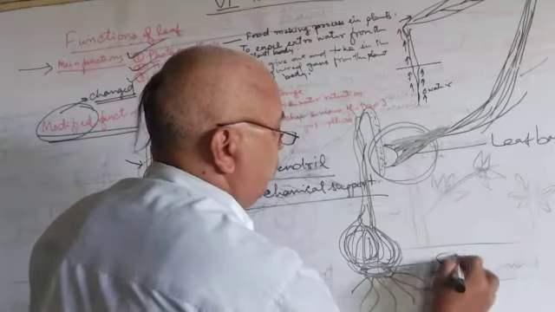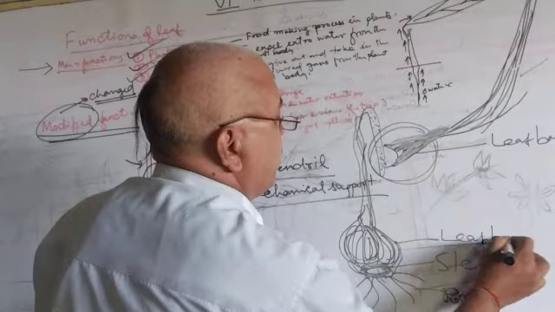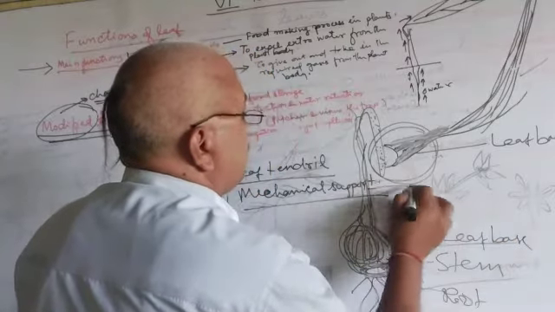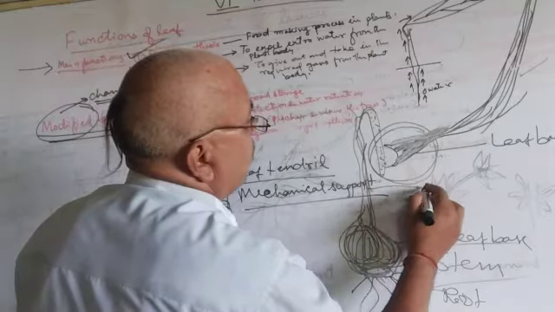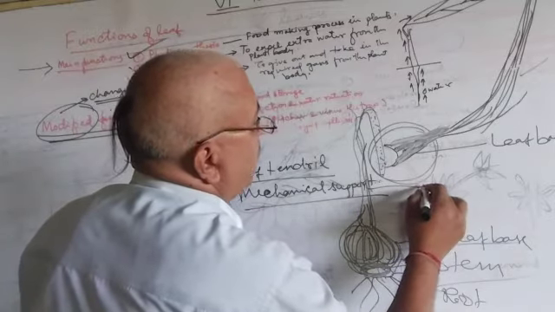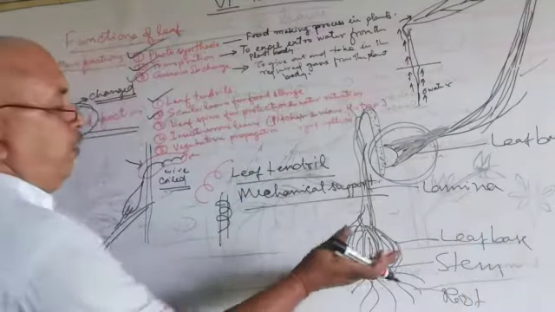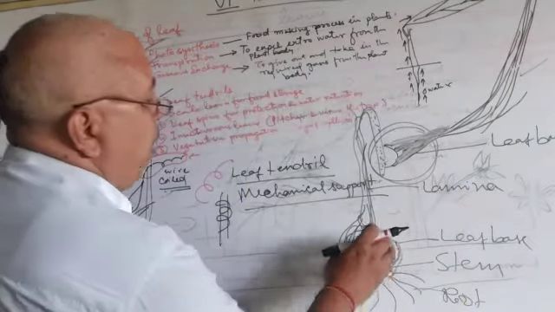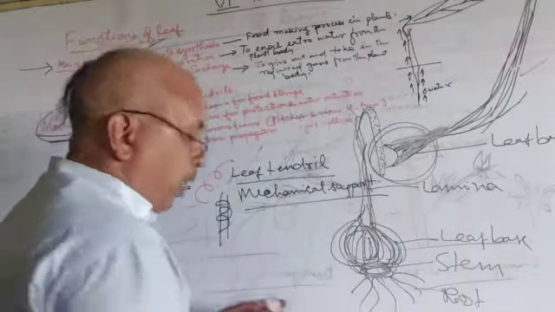This is the stem of this plant, and this is the leaf base, and this is lamina. When you go above, this flattened green widespread area is leaf lamina, right? So leaf starts from here, and this becomes solid and takes the shape of a bulb.